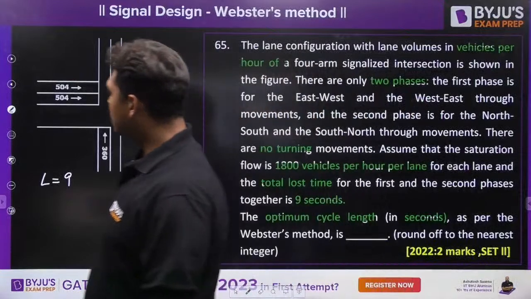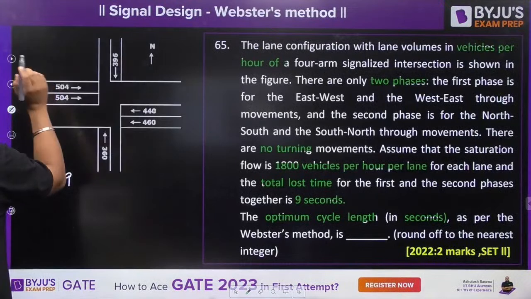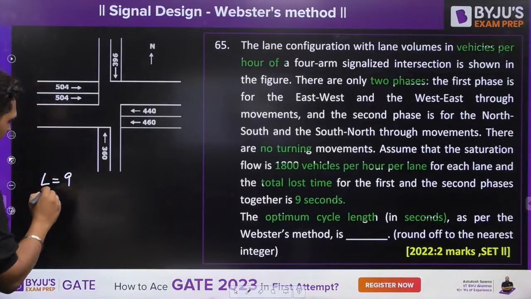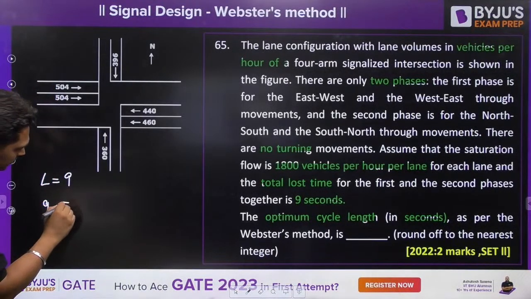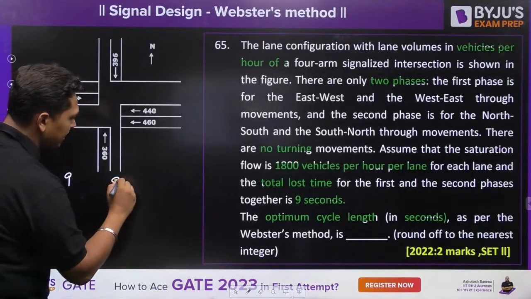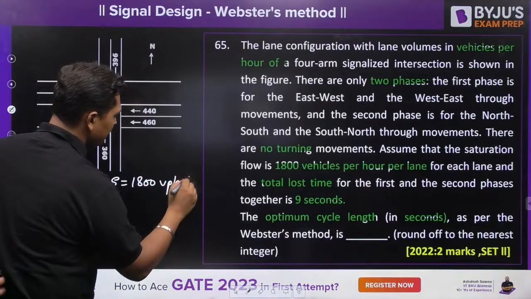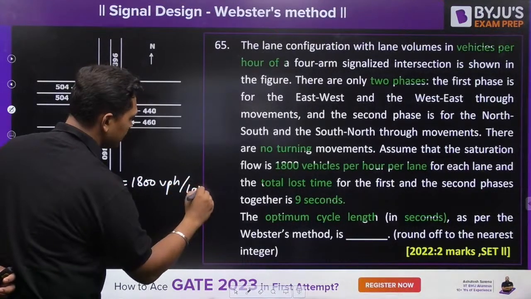So first of all, I would like to ask you the question that you will have to find out what is Q1, what is Q2. S, you are given 1800 vehicles per hour per lane.